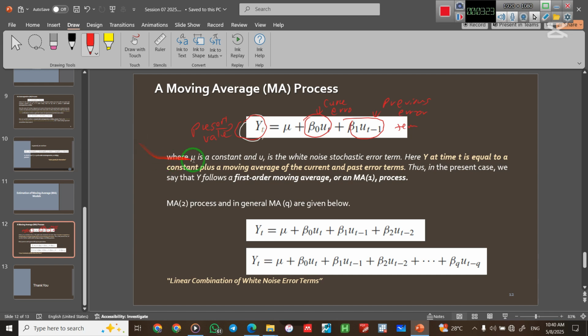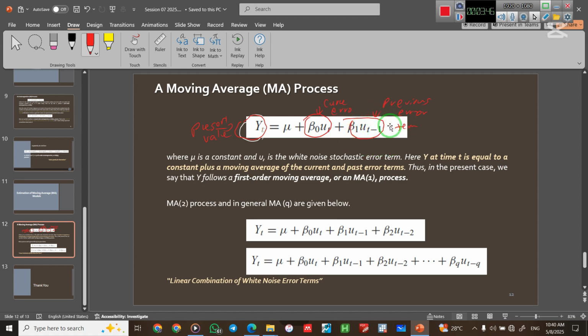So students, you can remember that in the AR model, the type of AR model is determined based on the number of previous year values included in the equation, right? The moving average model, or the MA model, applies the same method. In here we have used only one previous year error term.